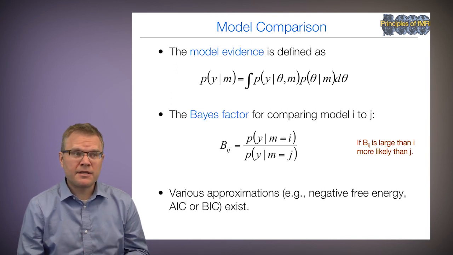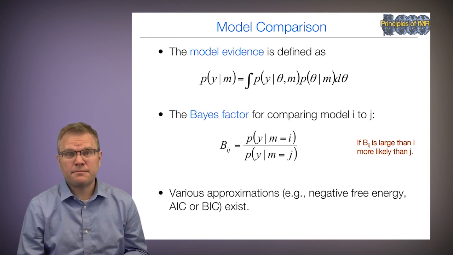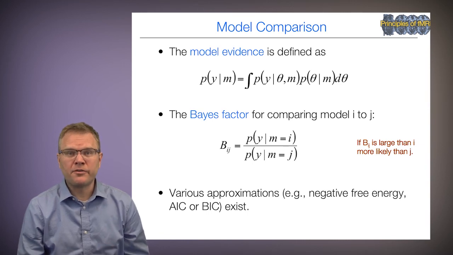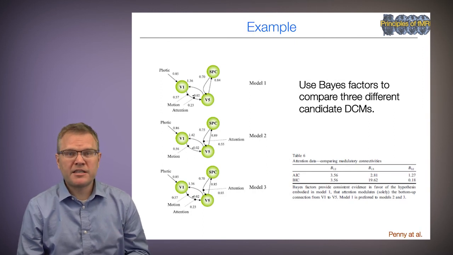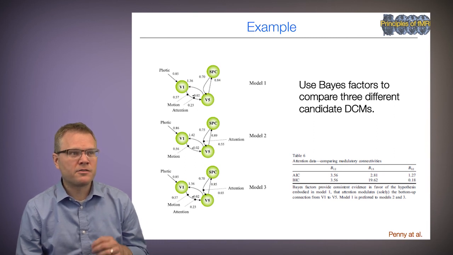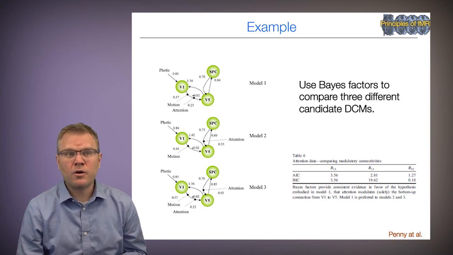Now, in order to compute this, various approximations exist, including negative free energy, AIC, or BIC. And this is all implemented in the SPM software that's very popular in the neuroimaging community. Here's an example from the UCL group who's behind SPM. And here they're showing 3 different models that they want to compare. And they use Bayes factors to compare the 3 different candidate DCMs and find the one that is most likely.